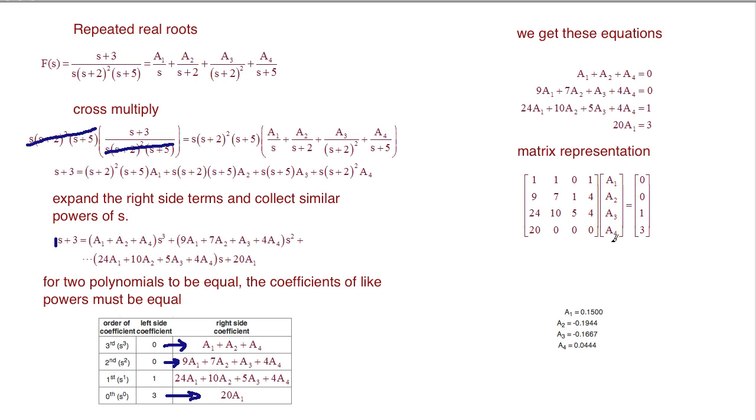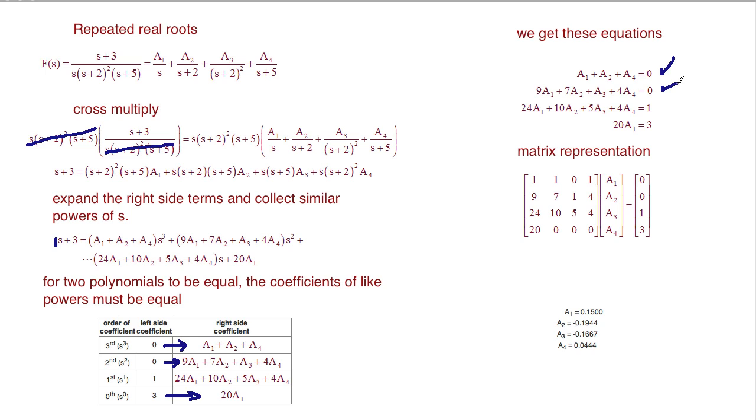Now what this notation means is the first equation is 1 times A1 plus 1 times A2 plus 0 times A3 plus 1 times A4, and that all equals 0. That's what this equation is right here. This one says 9 times A1 plus 7 times A2 plus 1 times A3 plus 4 times A4, and that all has to equal 0.